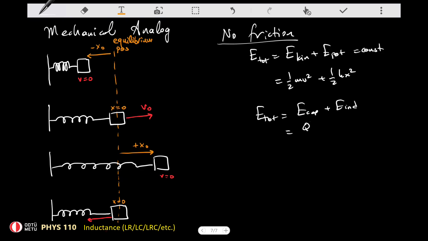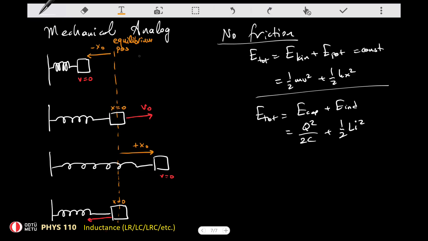The energy of the capacitor is q squared over 2C, and the energy of the inductor is 1/2 L times I squared. In each case, each energy term depends on the square of a variable multiplied with a constant, with these 1/2 factors in front. For the mechanical problem, kinetic energy is proportional to v squared, and potential energy is proportional to x squared.